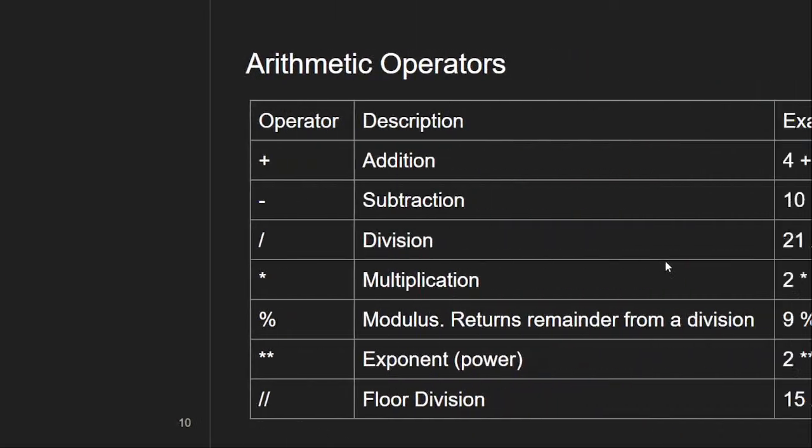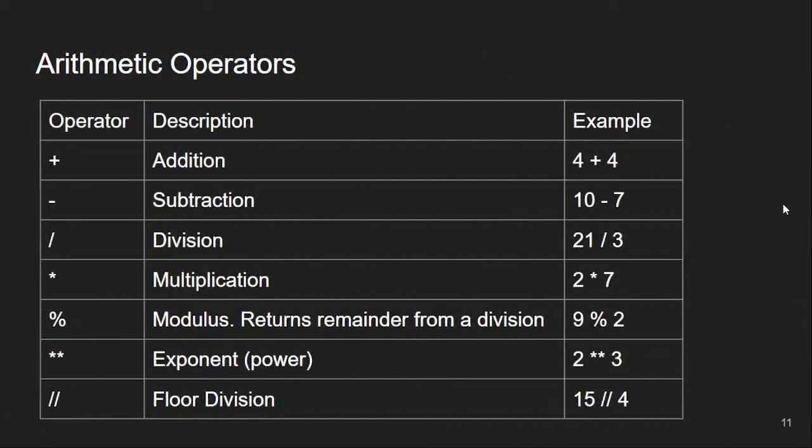Okay, so this table here shows you some of the arithmetic operators we have in Python. You will see that there are many of them on the list that you may already be familiar with, like the plus, minus, division, multiplication. You've all seen that before, but maybe you've not seen ones like modulus. Modulus basically returns the remainder of the division, and this is how you use it. 9 mod 2.